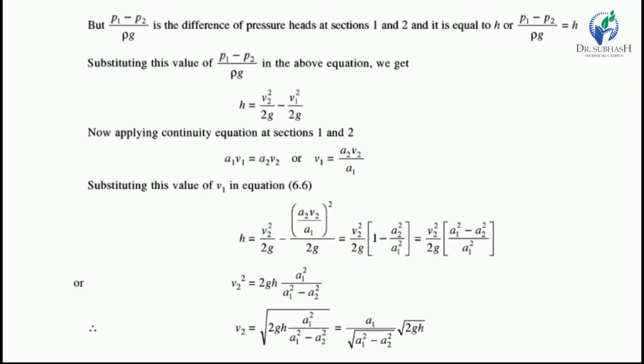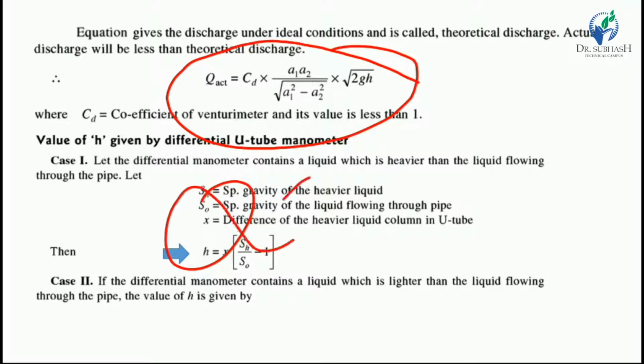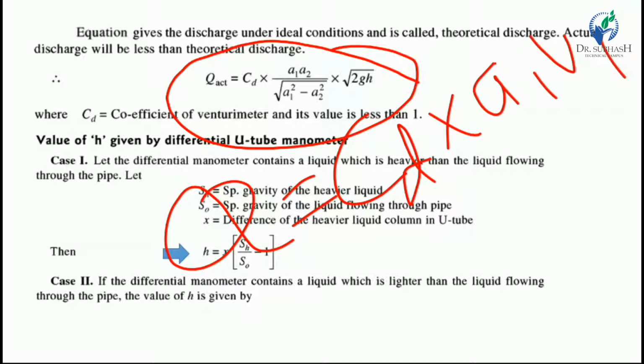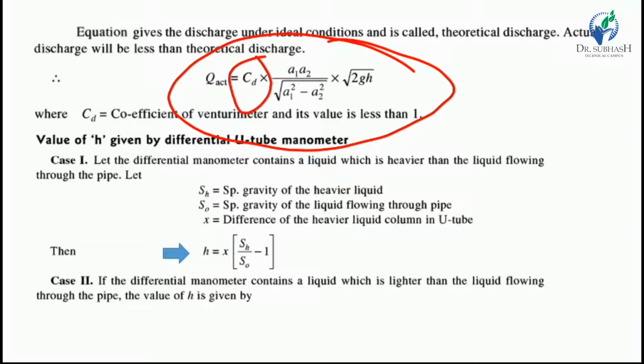So the actual discharge Q is equal to the coefficient of discharge multiplied by A2 V2. So the actual equation is written in this way, and Cd is the coefficient of discharge for a Venturimeter, or we can say the coefficient of the Venturimeter.